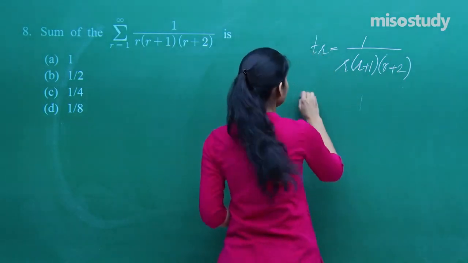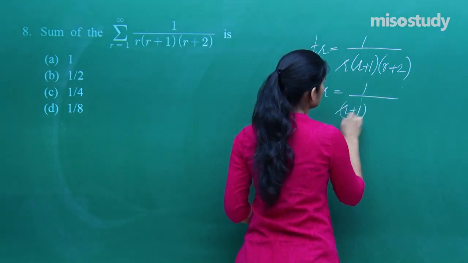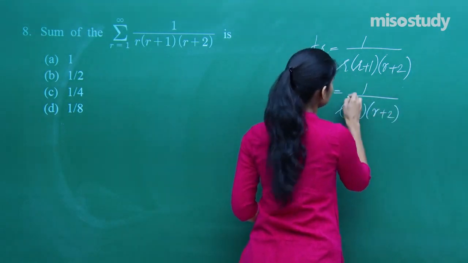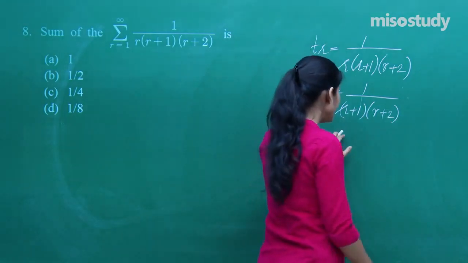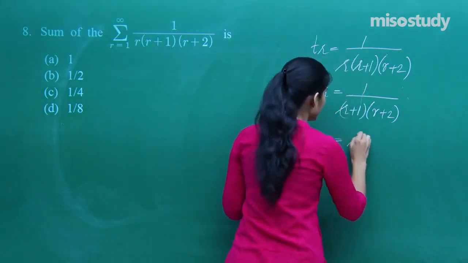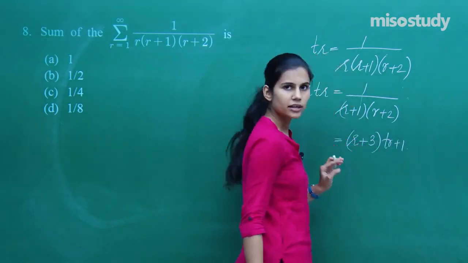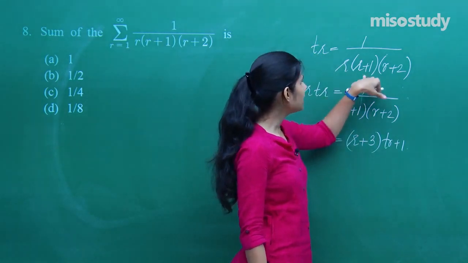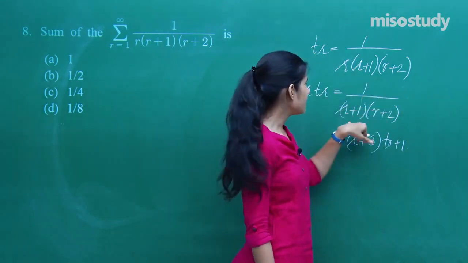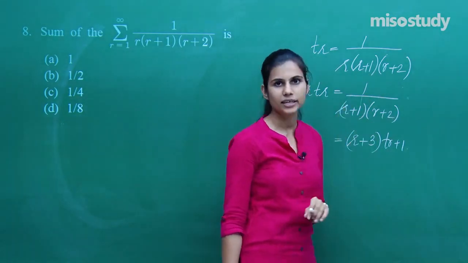That means r T(r) is equal to 1 upon (r+1)(r+2). Very conveniently, I can say this is same as (r+3) times T(r+1). You can check. T(r+1) will be what? T(r+1) will be (r+1)(r+2)(r+3). I just have (r+1)(r+2). So I multiply by (r+3) so that (r+3) can get cancelled.